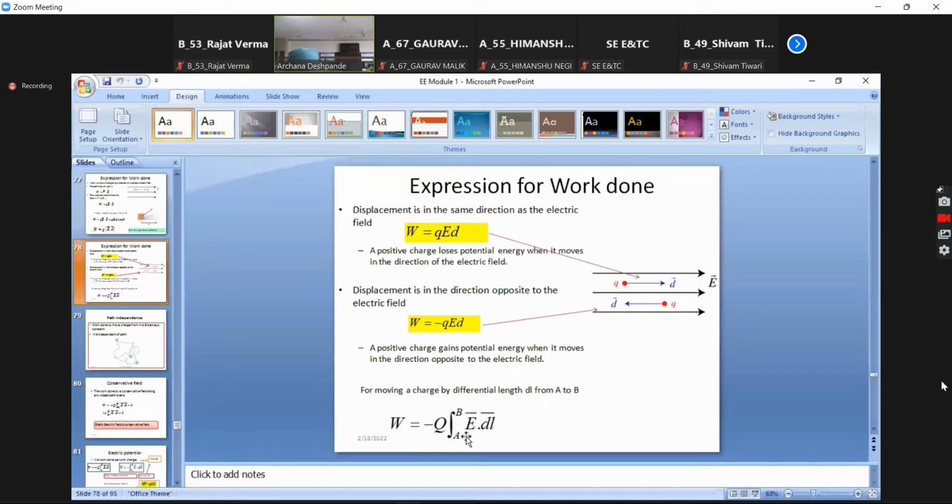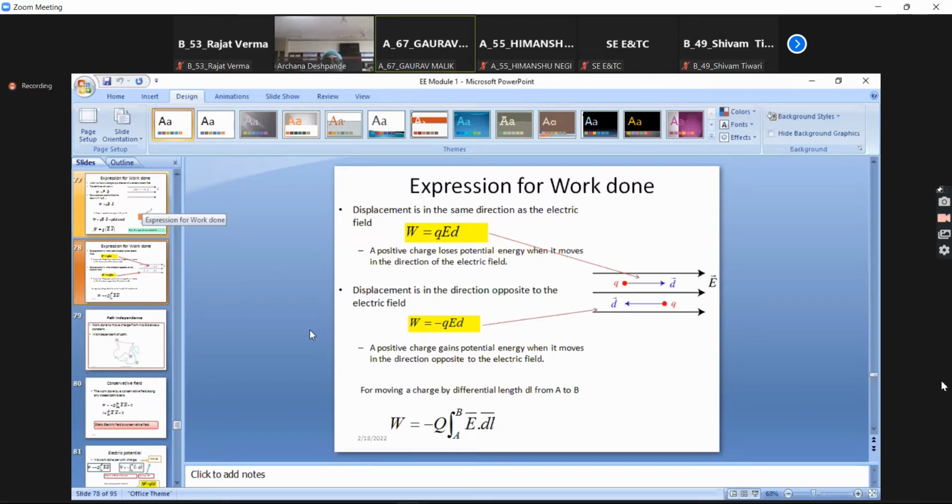So this formula and that formula are not different. There the displacement D was known to me. Here I don't know how much it has been displaced by. So if I know the end points A to B, and if I don't know the total length, then I can calculate it by the integration.